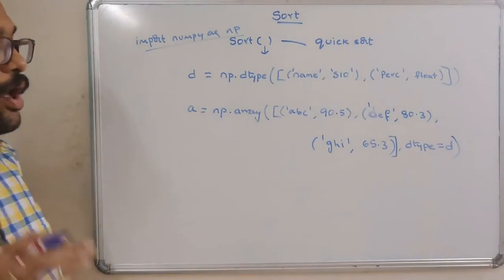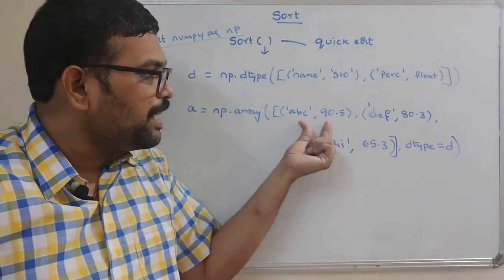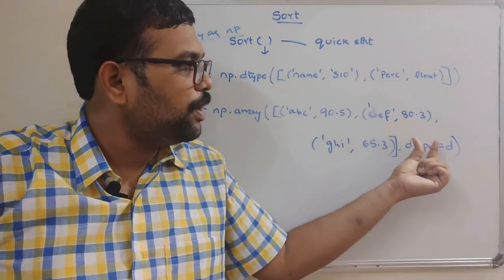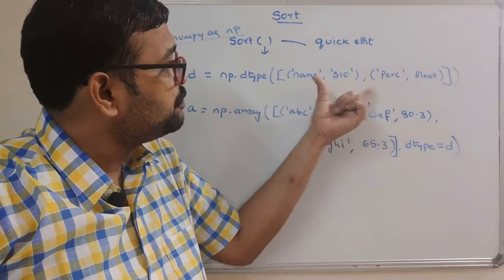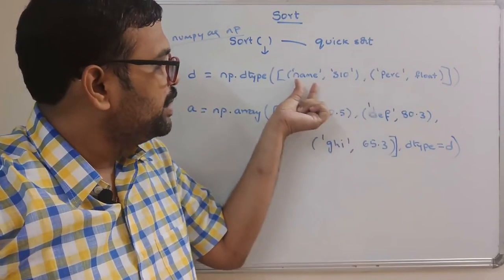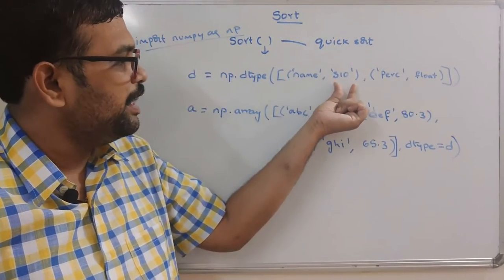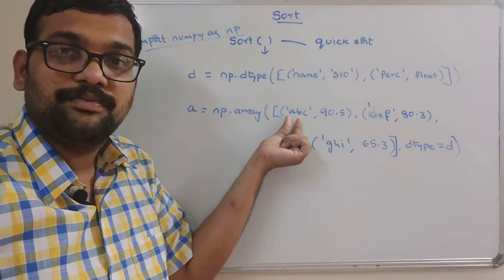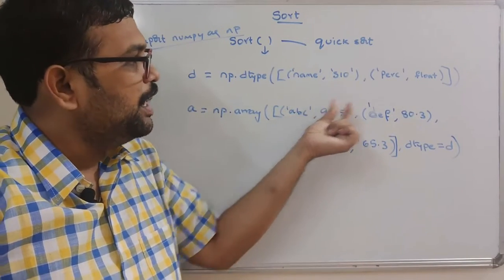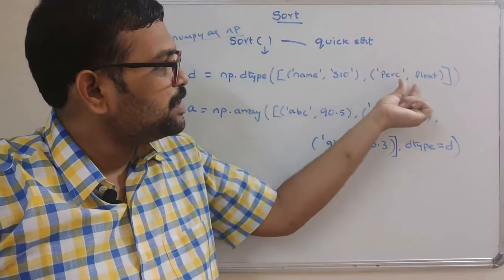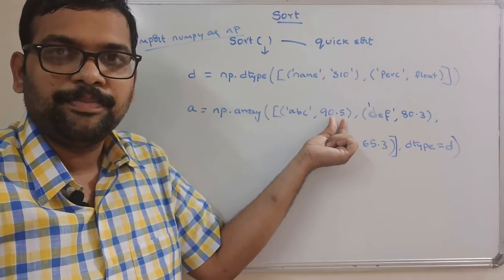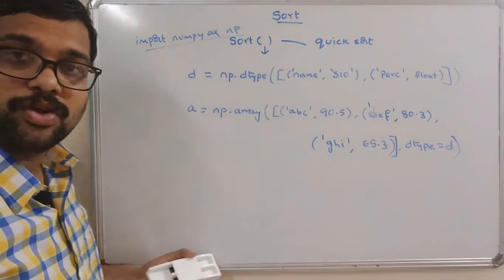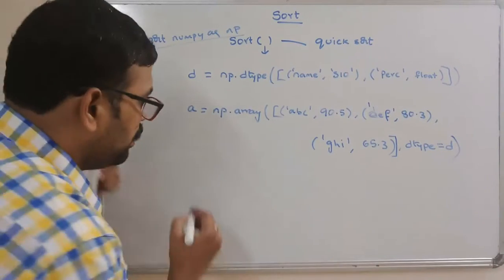Now we are creating an array with the elements which follow the data types of this D. D has two data types, name and percentage. Name will be assigned to string and that will be treated with this first input. The second one is percentage, which is a float data type, and that will be mapped to this 90.5.